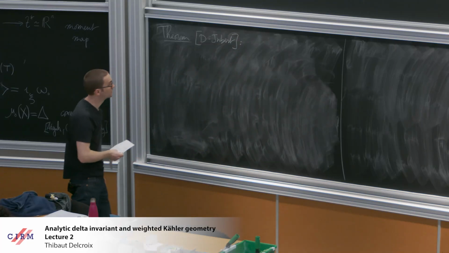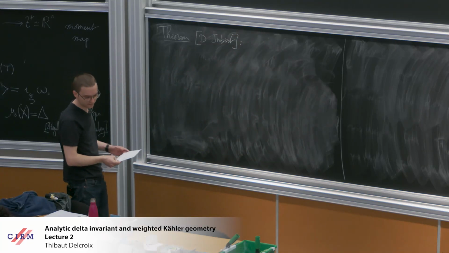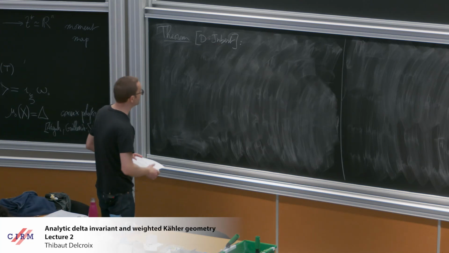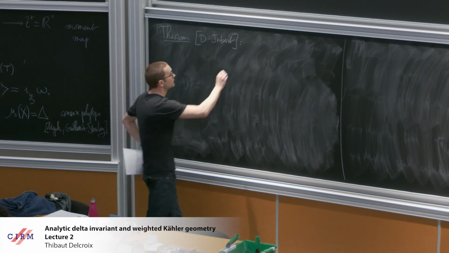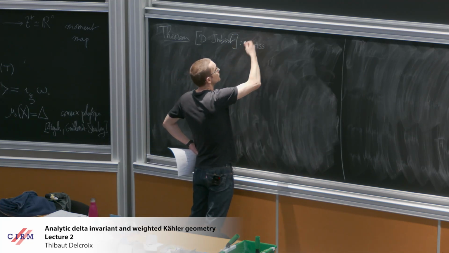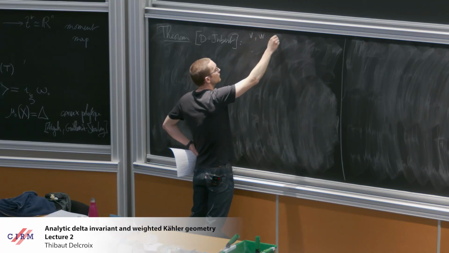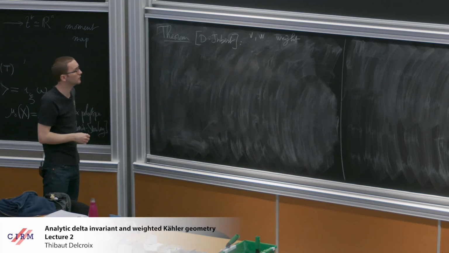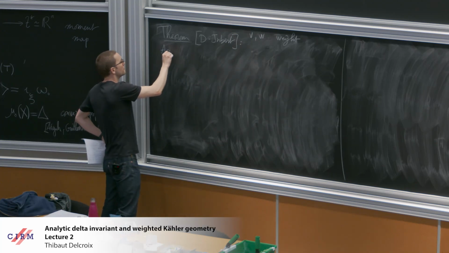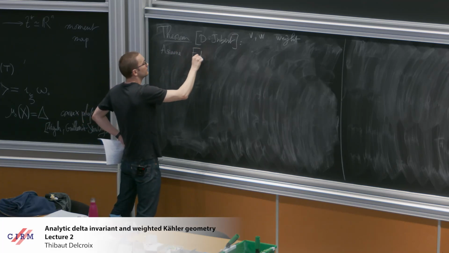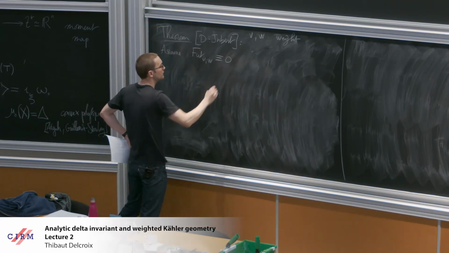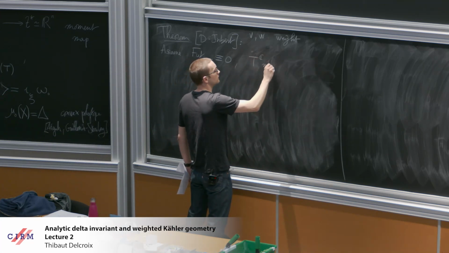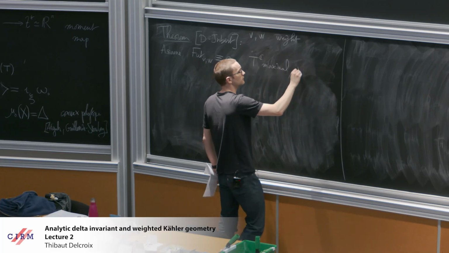So I have more assumptions and maybe some setting before. Well, let me include it in the theorem. So V, W are weights, as before. So V takes positive values, W maybe not. I assume that the Futaki invariant vanishes. I assume, again, that the torus is maximal, that V is log concave.